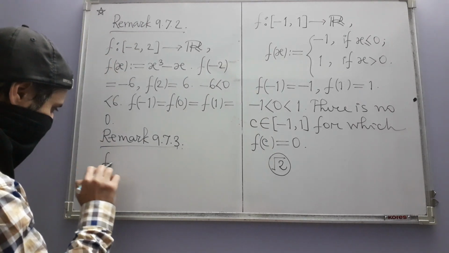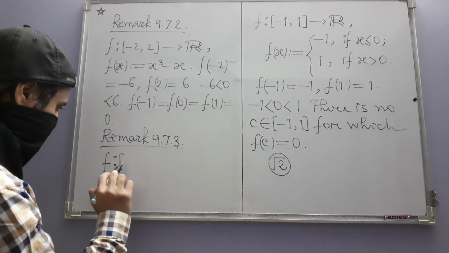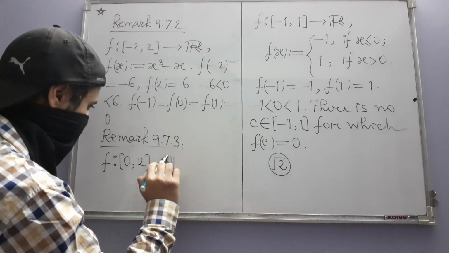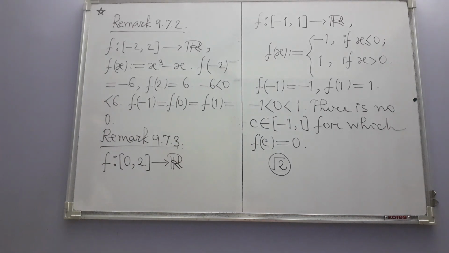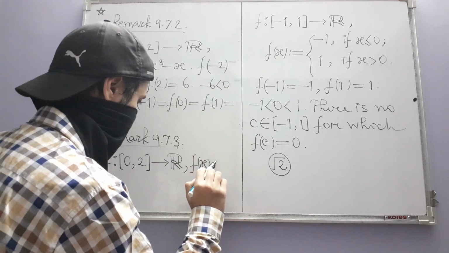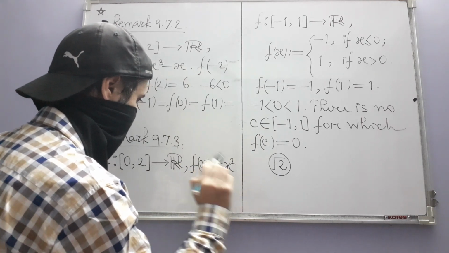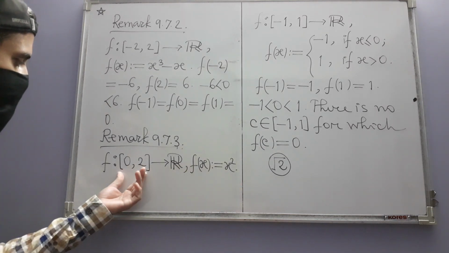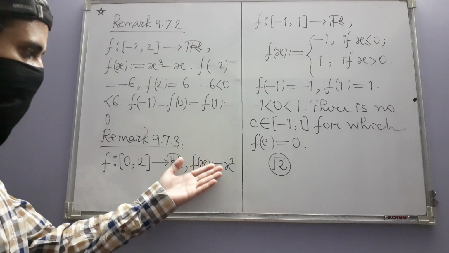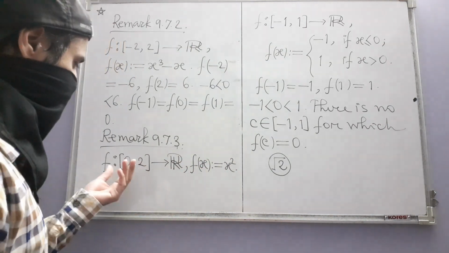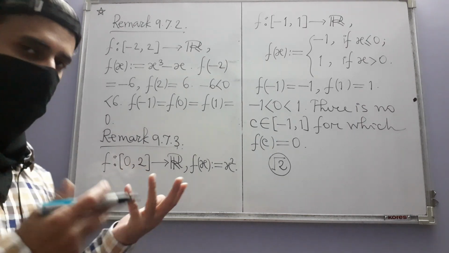So how that can be done is, you have to consider this function f from 0 comma 2 into R, and the rule is just squaring the input. So it's our familiar square function restricted to this interval. We already know that the entire square function is continuous, so its restriction on this interval is also continuous.